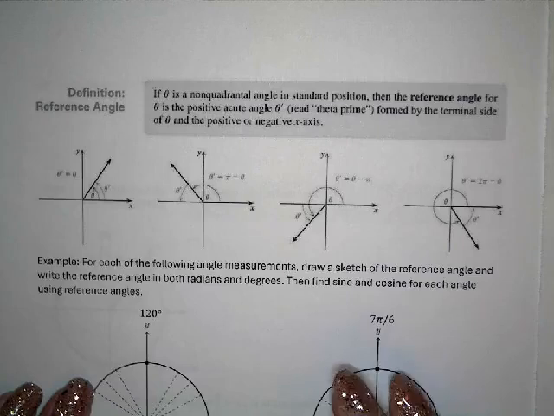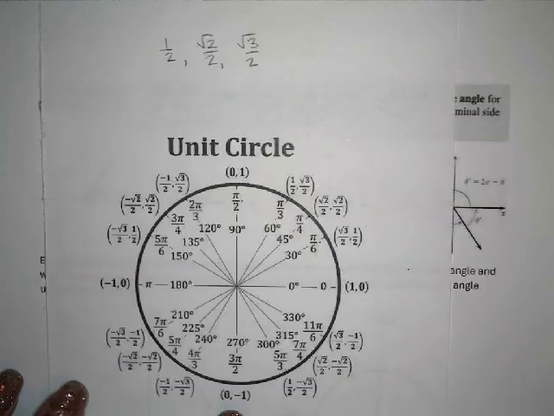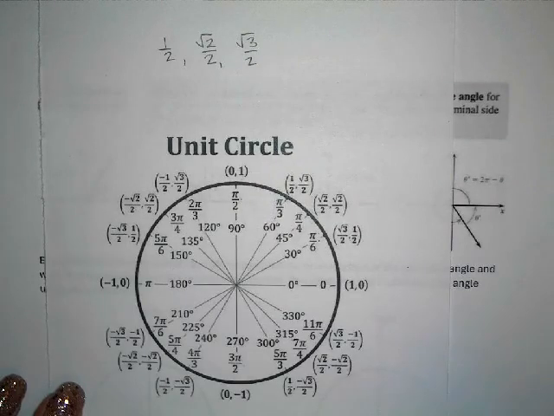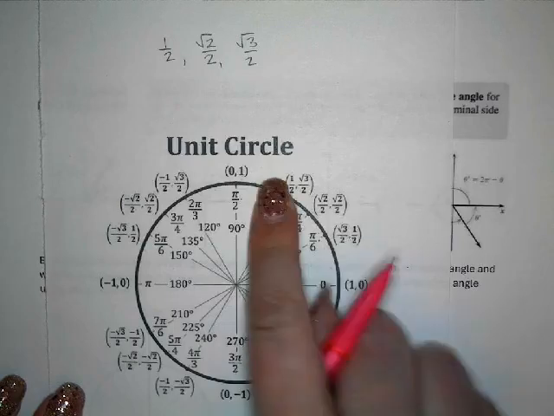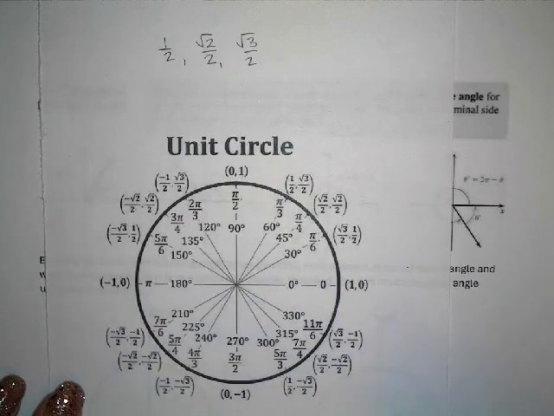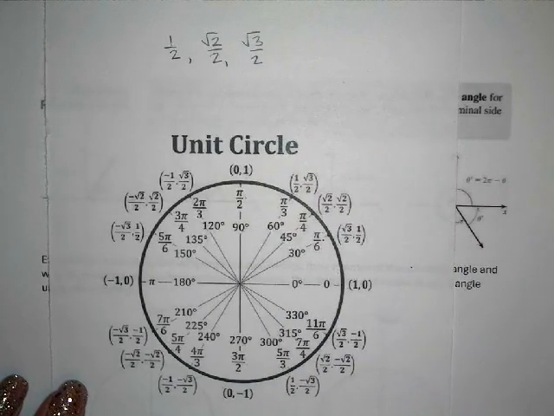And they memorize the reference angles, which is kind of the idea that maybe you would just use the angles in the first quadrant. You would memorize these and kind of ignore the rest a little bit, and that would help you have the unit circle memorized and be able to evaluate any trig ratio that's on the unit circle.